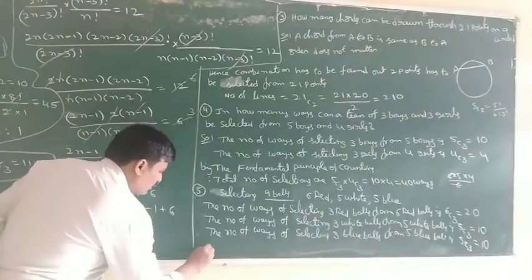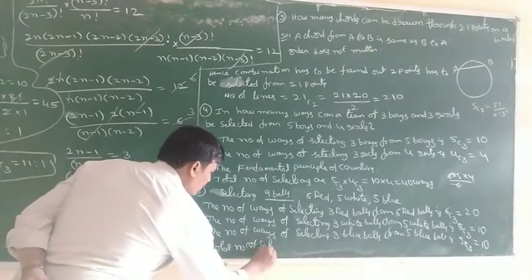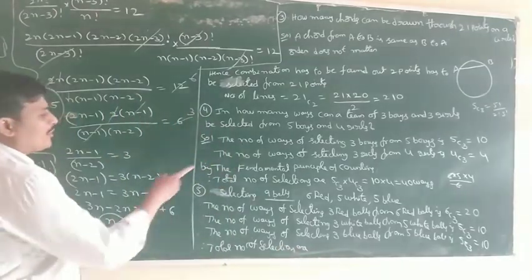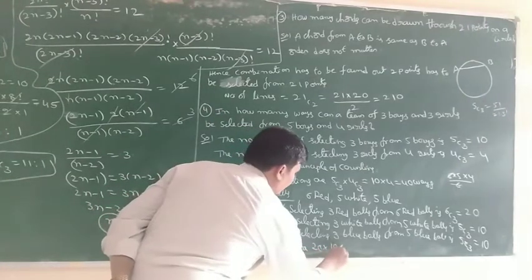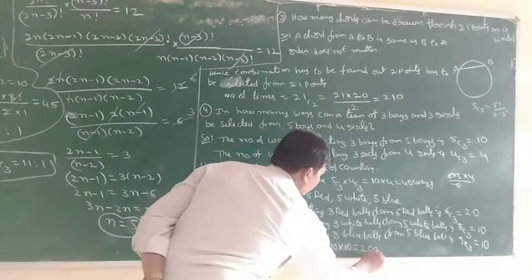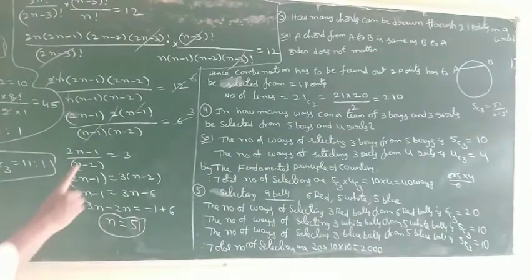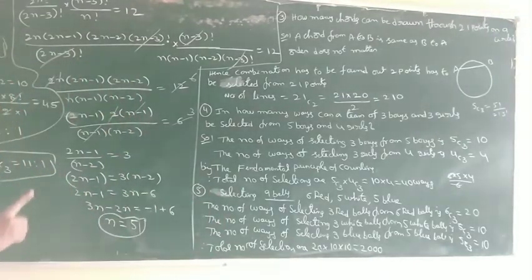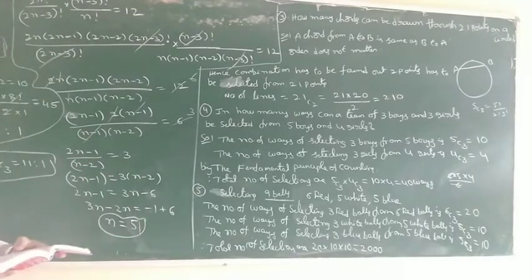So the total number of selections, by the fundamental principle of counting, is 20 into 10 into 10. 20 into 10 is 200, 200 into 10 is 2000 ways of selecting 9 balls. Each color consists of 3.